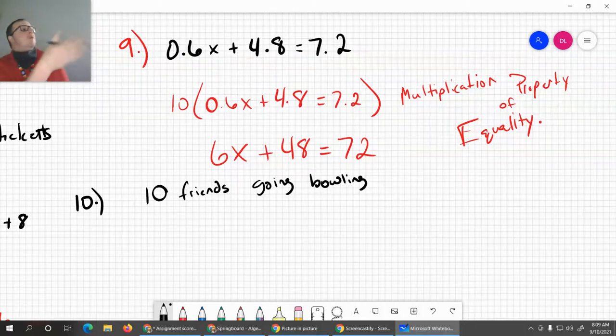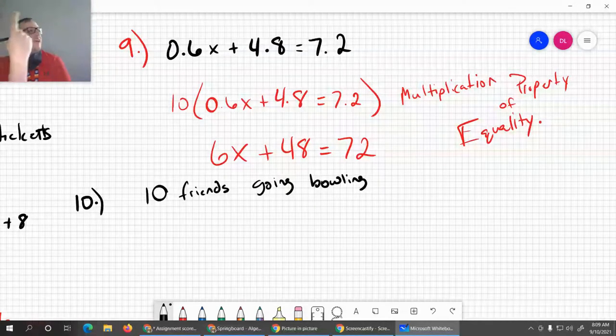Per person per what? You pay per game, right? Let's say you're bowling one game, 10 people, you're only going to do one game because it takes a while. How much does one game of bowling cost per person?